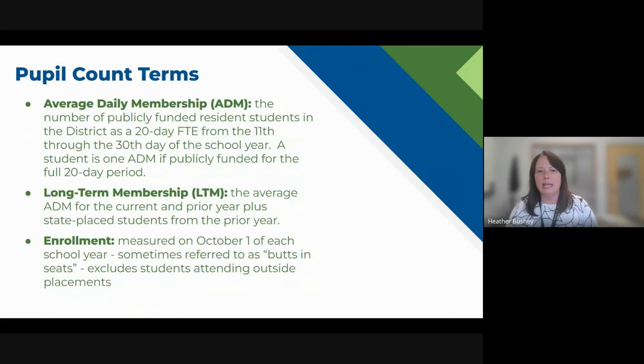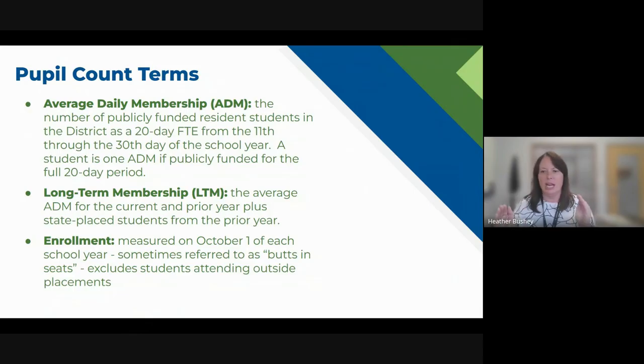When we're talking about pupil counts, we use lots of different terms. We have average daily membership, and that is a specific term defined by the state as the number of resident students in the district based on a 20-day time frame. It is from the 11th day of school through the 30th day of the school year.